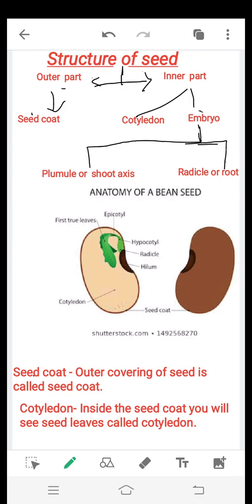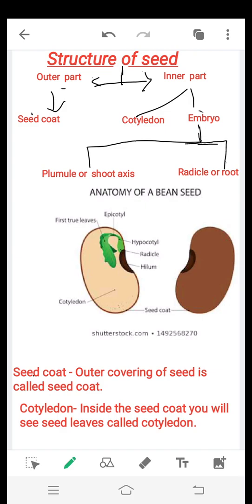The seeds in which only one cotyledon is present are called monocot seeds, for example rice, wheat. The seeds in which two cotyledons are present are called dicot seeds, for example gram, peas.